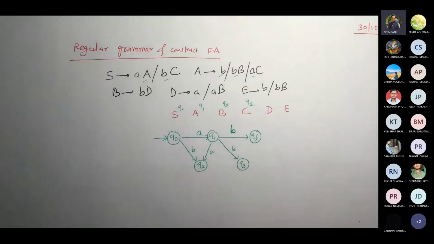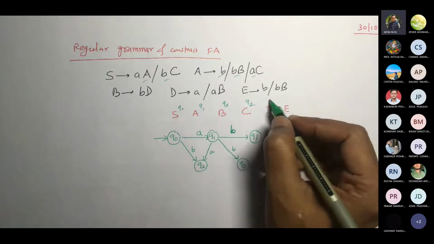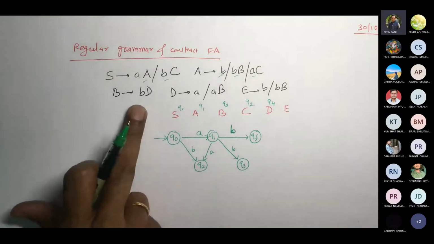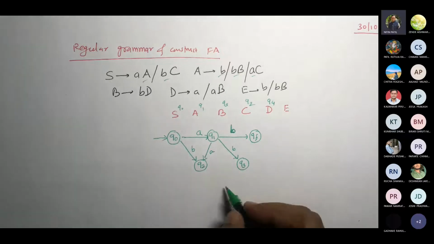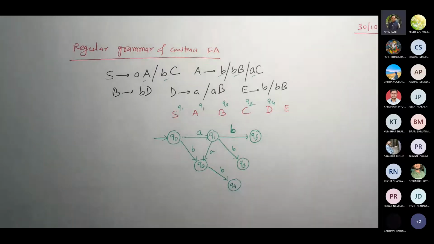Now I have B gives BD. Do we have any representation for D? Not yet. So let us take Q4, because it is not giving me a direct terminal. So Q4, this would be BD.